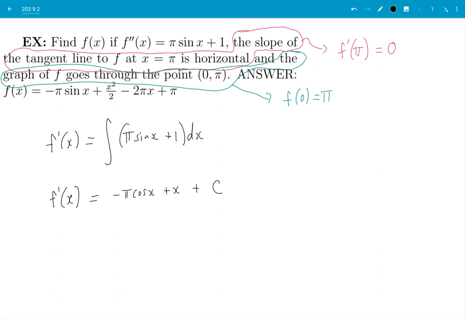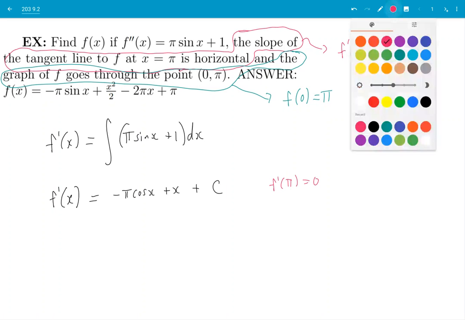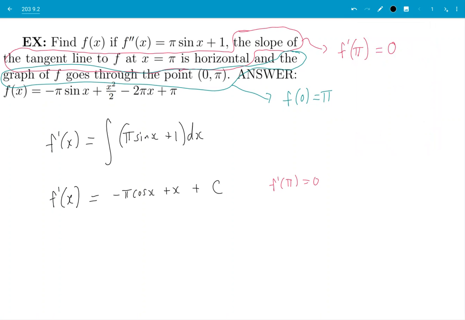Now, we'll use our f prime of pi is 0 to determine that we should plug a 0 here. And minus pi cos pi plus c. Okay, so again, this equation here, which we found in red above, tells us that when x is pi, f prime is 0.